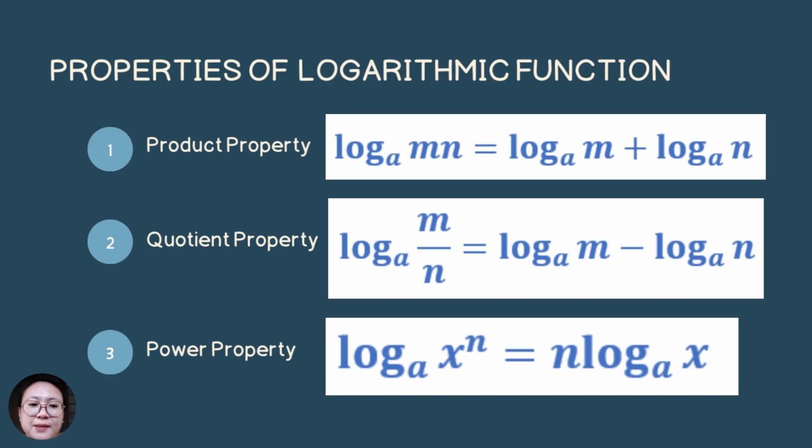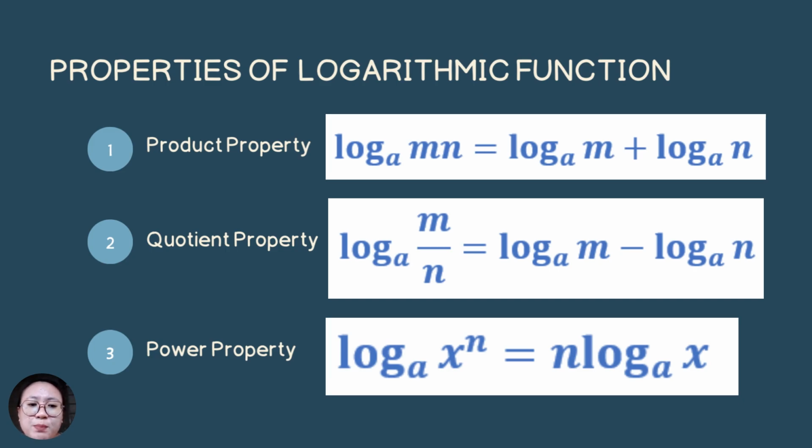Product property states that the logarithm of m times n to the base a is equivalent to the logarithm of m to the base a plus the logarithm of n to the base a.